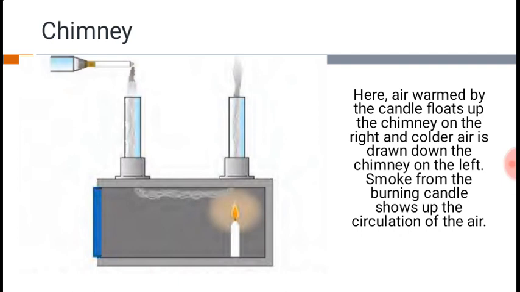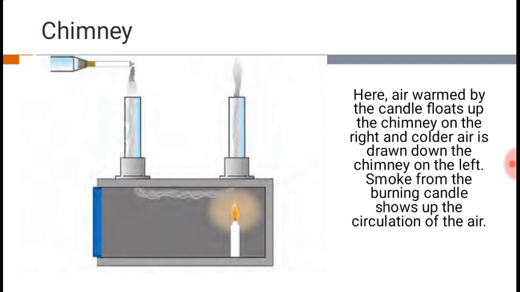Convection currents also happen inside a chimney and a chamber. This is a chamber, and these are the chimneys. Here the air warmed up by the candle floats up the chimney on the right, and cooler air is drawn down the chimney on the left. Smoke from the burning candle shows the circulation of air.